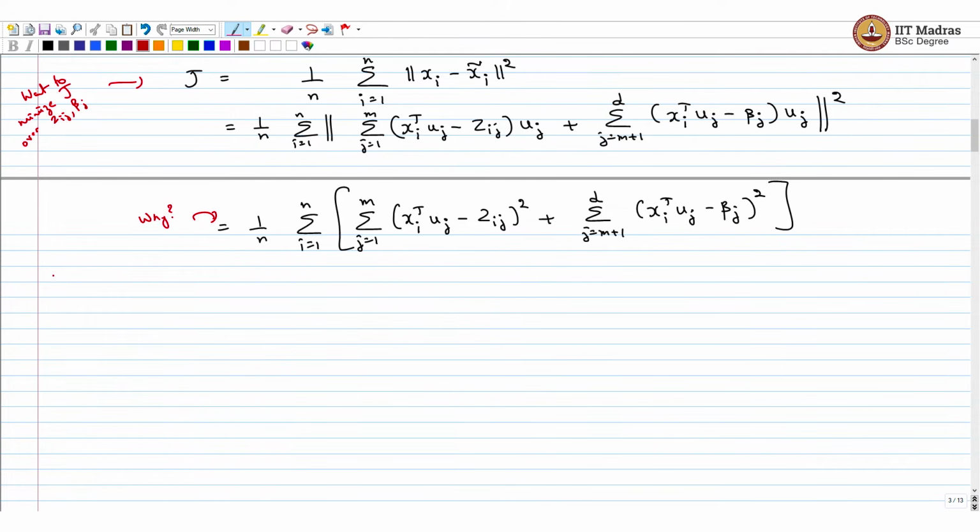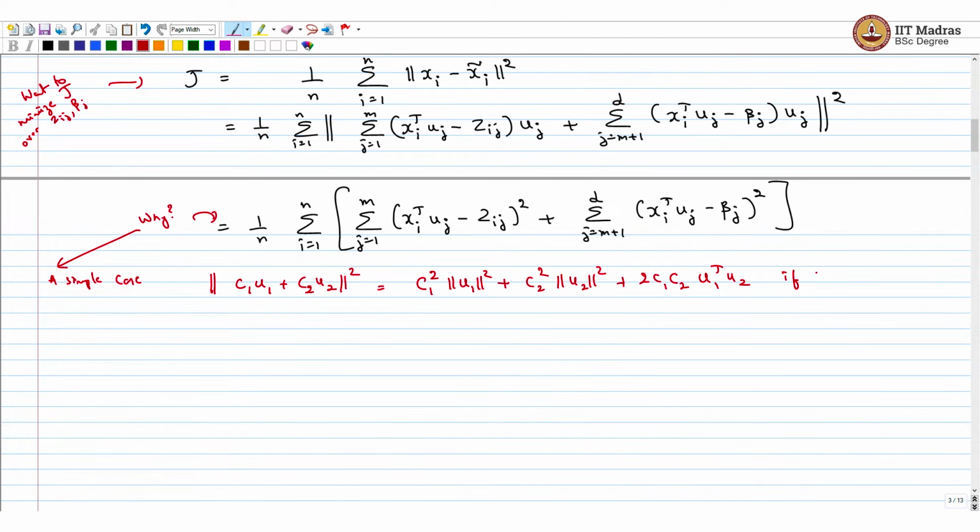Why? Simple case. Imagine you have the norm of, say, c1 u1 plus c2 u2 squared. Now this is going to be c1 square norm u1 square plus c2 square norm u2 square plus 2 c1 c2 u1 transpose u2.